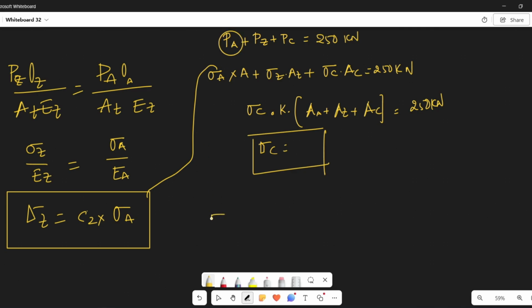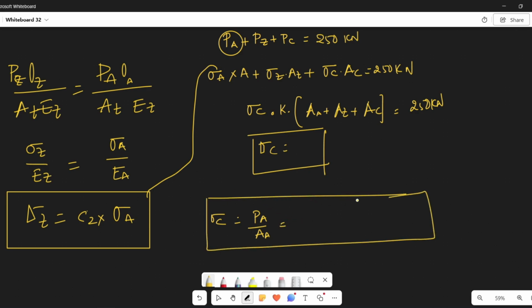So if you want to identify the forces, again you have to use the area. So once you know sigma C, we can say stress times area of the aluminum bar. Yeah, sorry for that. Yeah, from this equation, right?